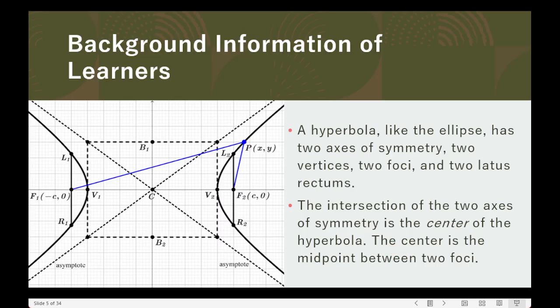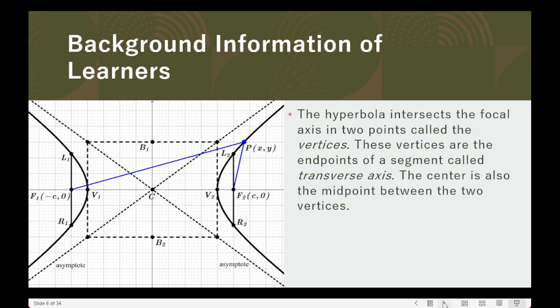The center is the midpoint between the two foci. So this is the center. The hyperbola intersects the focal axis in two points called the vertices. So these two are the vertices, and this is the graph of the hyperbola.